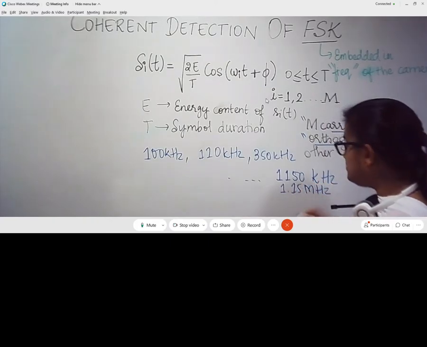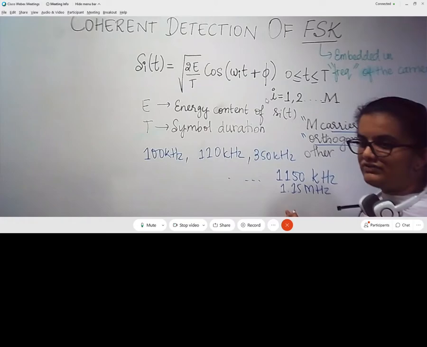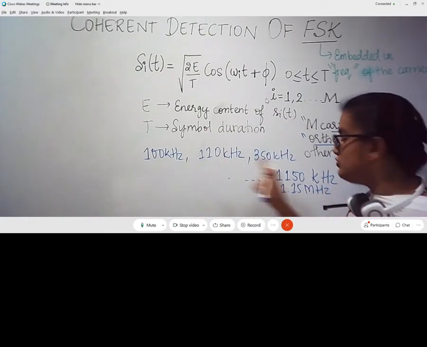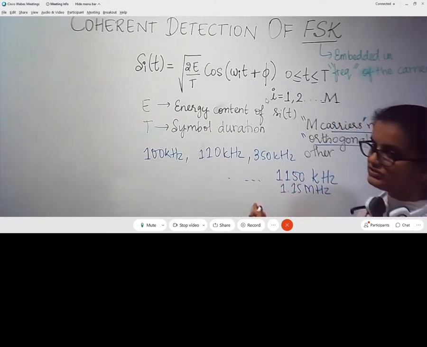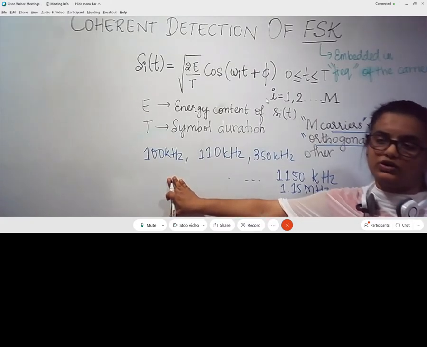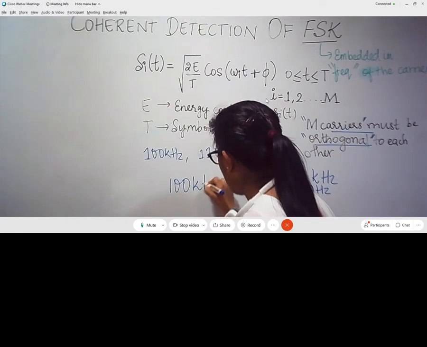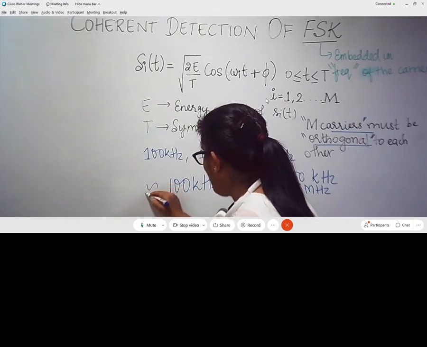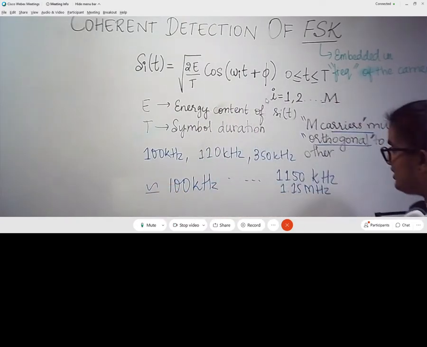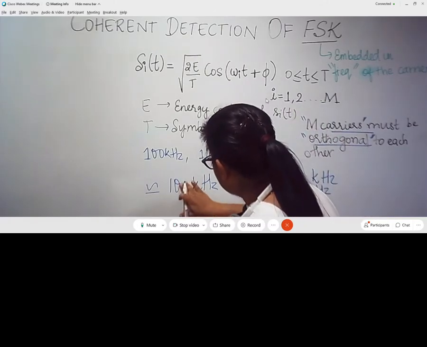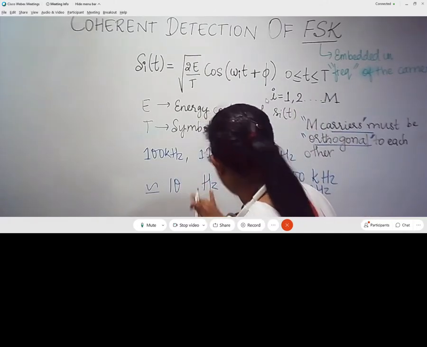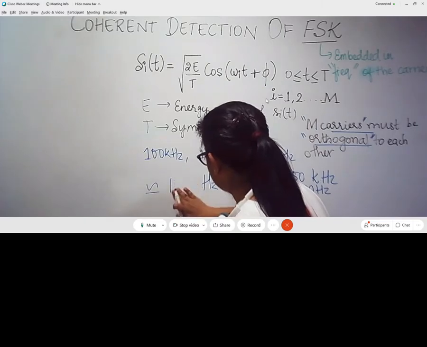So the frequencies varying from the first symbol to the last symbol occupy a bandwidth of around, not 100 kilohertz, I think it is 1 megahertz.